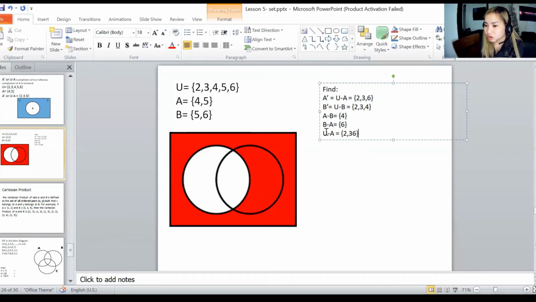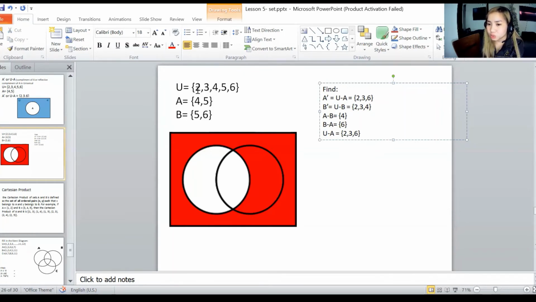Again, ito pong universal minus A or reflective complement of A, ang magiging answer po dyan is yung mga elements na meron sa universal na wala sa A. Again, ang universal natin is 2, 3, 4, 5, 6. Ang set A natin is 4, 5. So, kaya naging 2, 3, 6 yan. Yun po yung mga elements na wala sa A.